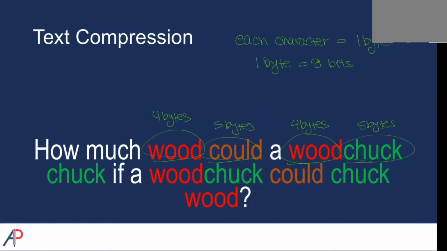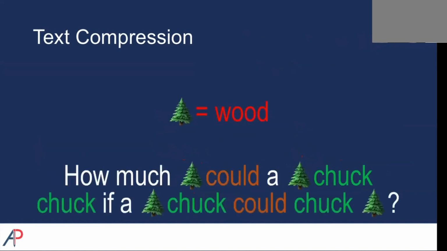So the strategy here is there's a lot of similarity, but instead of using these words that are like 4 to 5 bytes each, we could use some kind of code, not really encryption, but some kind of symbol to represent these. Right now I'm just using a tree, but ideally you would use another character, which is 1 byte. So 1 byte versus 4 bytes.